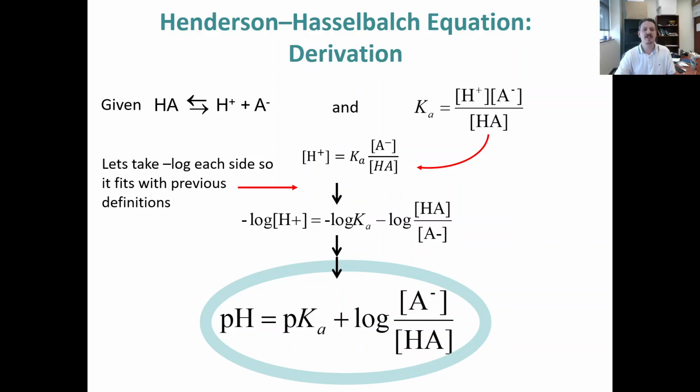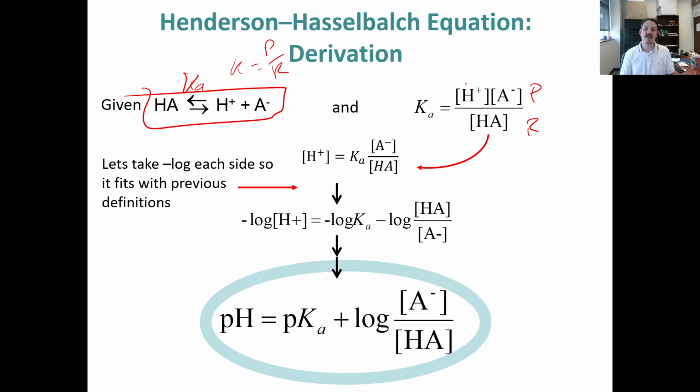Now, like I said, this can be presented as a graph, and we already know that HA breaks down, dissociates to H plus and A minus, and that is dictated by a K value, Ka. We know that Ka is equal to products over reactants, and here are our products over reactants.